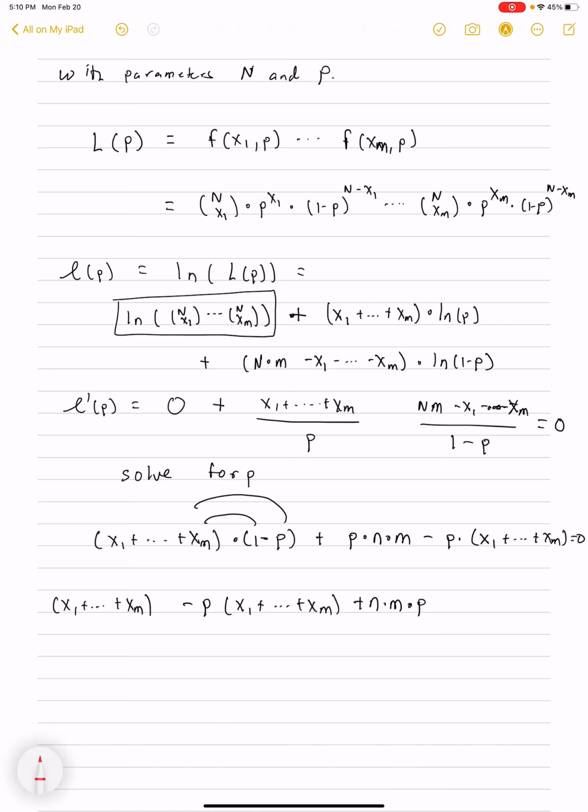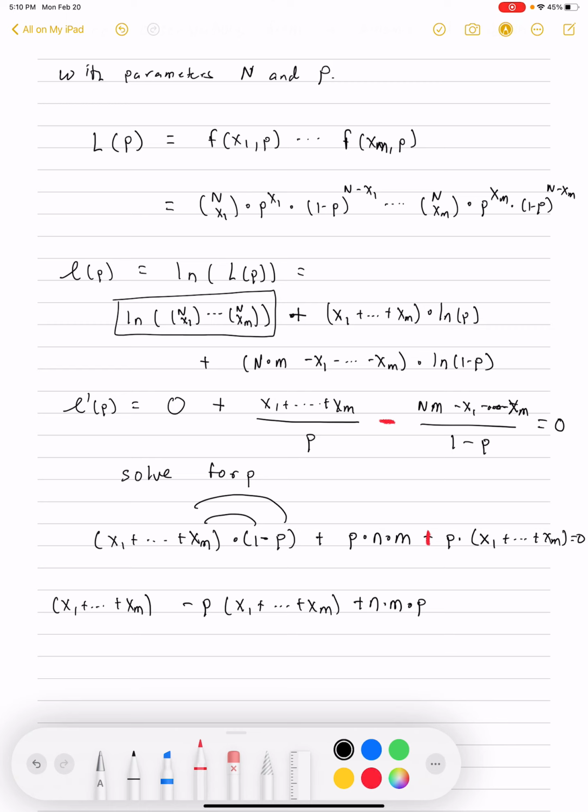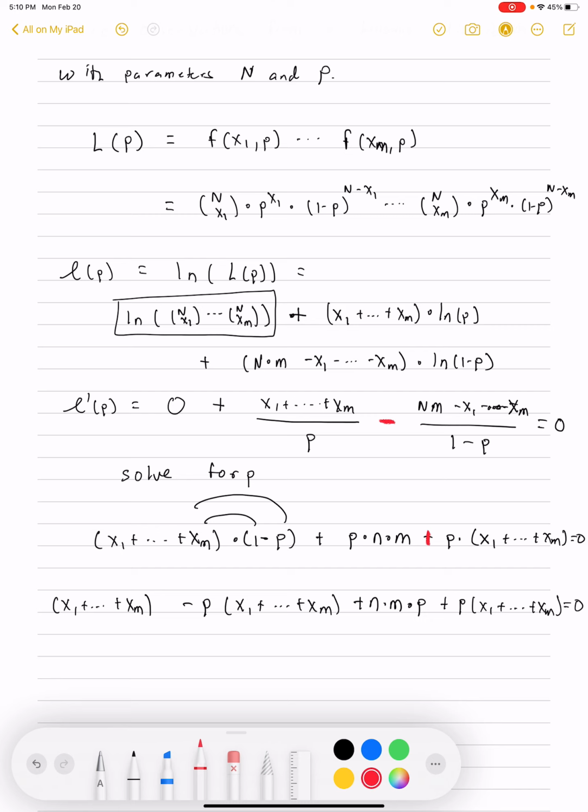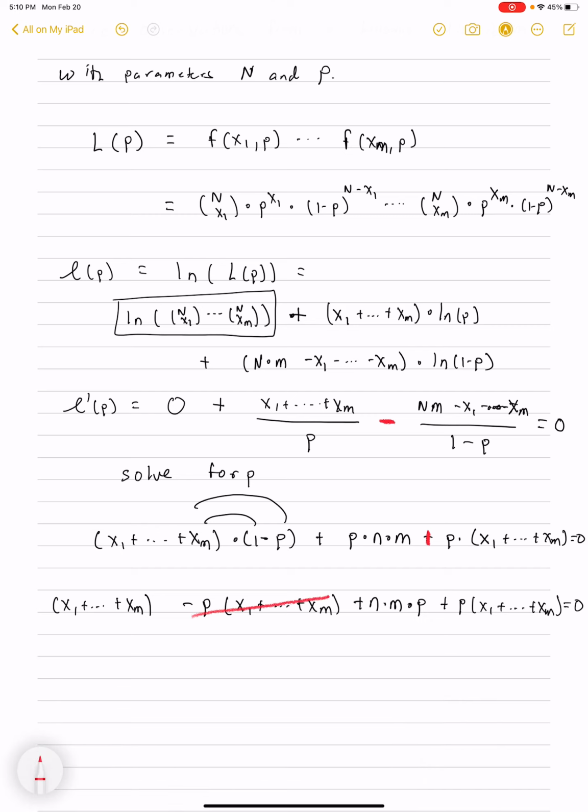The derivative of the inside function, 1 minus p, is negative. So that changes that to a plus. Okay, so I'm going to have plus p times x1 through x sub m, and that's all going to be set equal to 0.